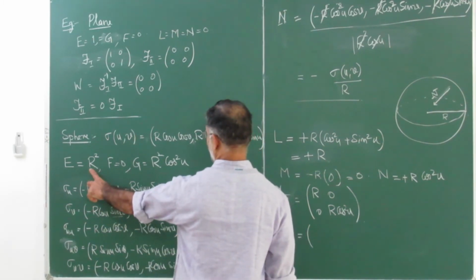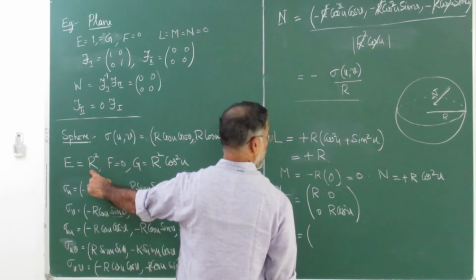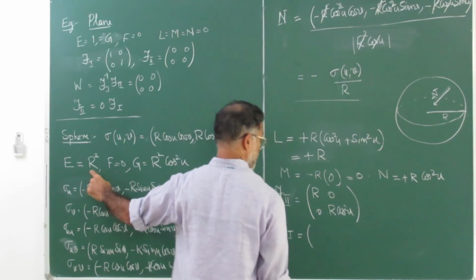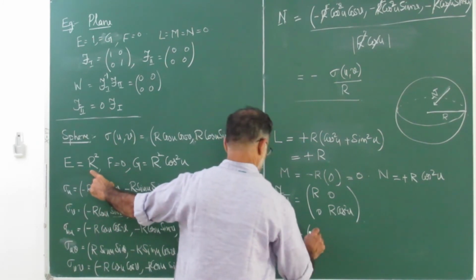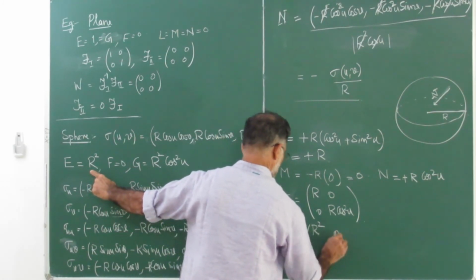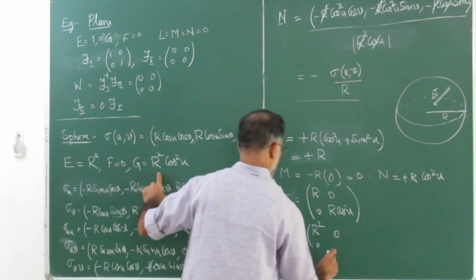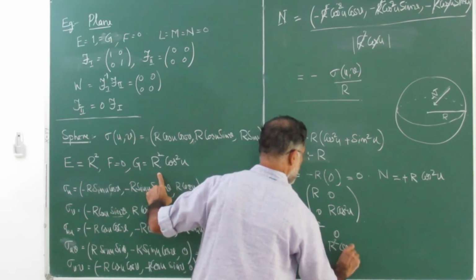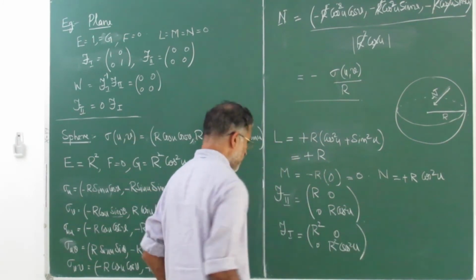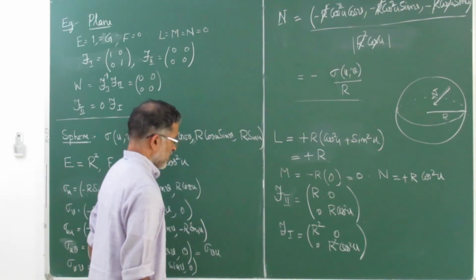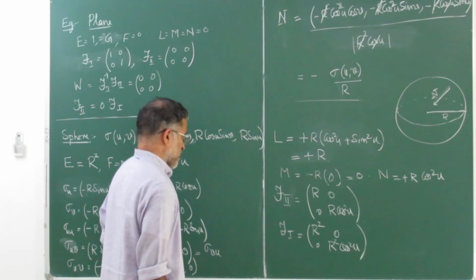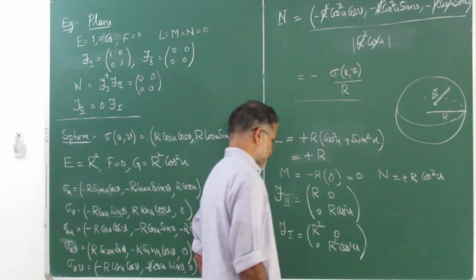We still have it will be R square 0 0 R square cos square u. Well, this is beauty. Okay, I suppose this works very well.